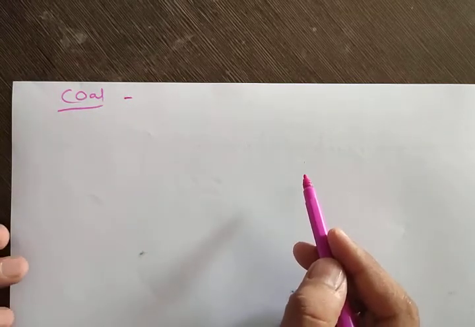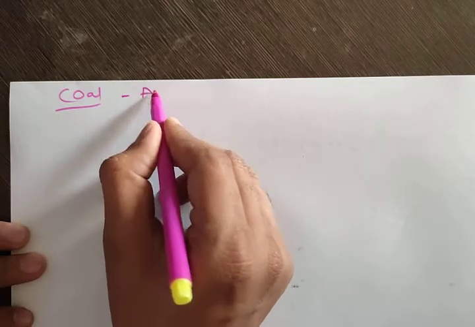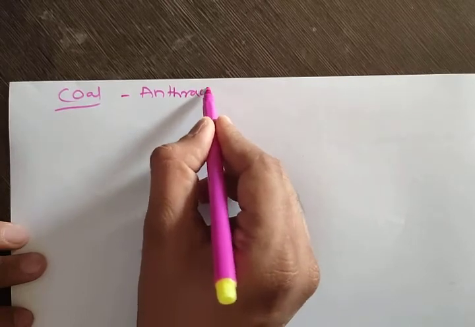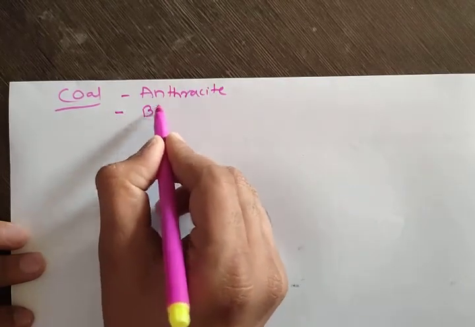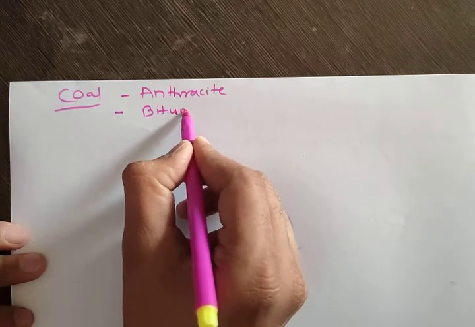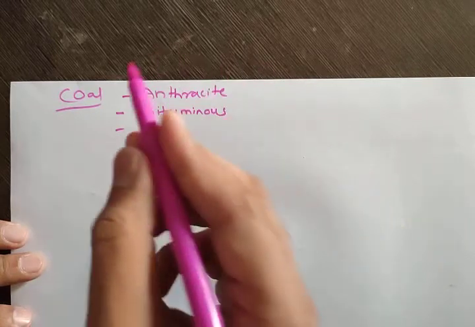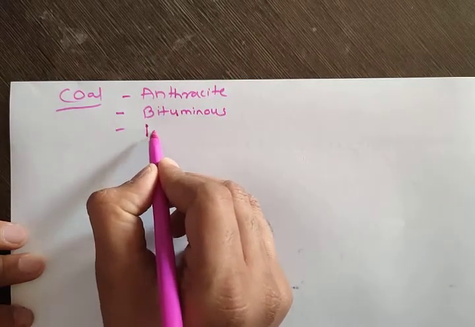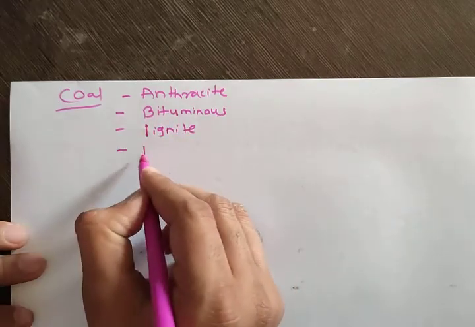So this coal is produced, and there are normally 4 types of coal. The first type of coal is anthracite. The second type is bituminous. Remember this name, this is important. Then third is lignite, and fourth is peat.